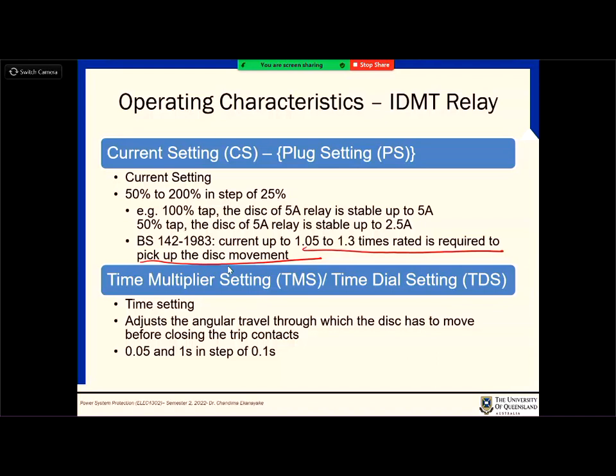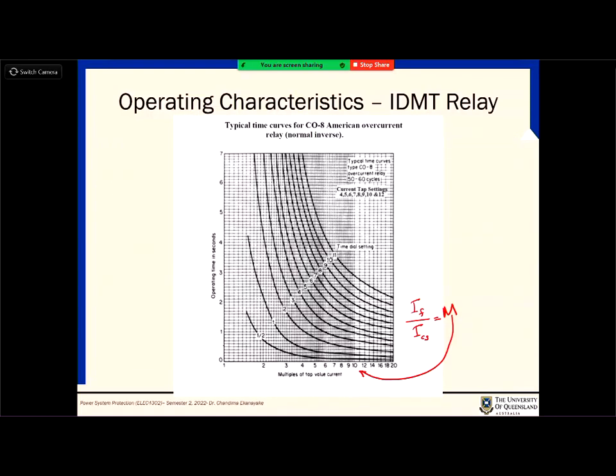If you look at this, that's why we have this set of curves. For the same multiples of the tap value current, let's say this is the fault current divided by the pickup or current setting, if it is 6, you have multiple operating times here, see?